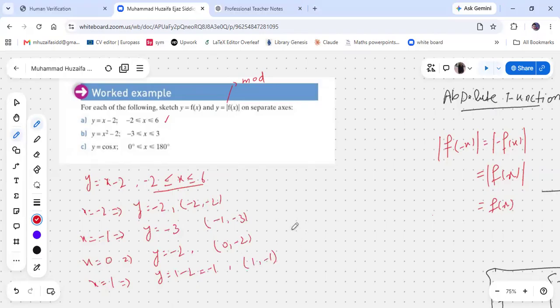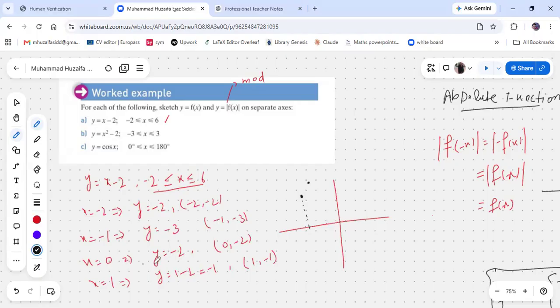So what is the graphical representation of that function on the basis of these points? On the basis of these points, this is 0, this is minus 1, this is minus 2. X is minus 2 and y is minus 2. Suppose that our point is here. When x is minus 1, y is minus 3, so the point is here.